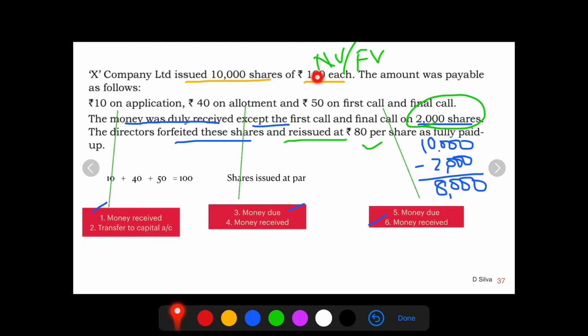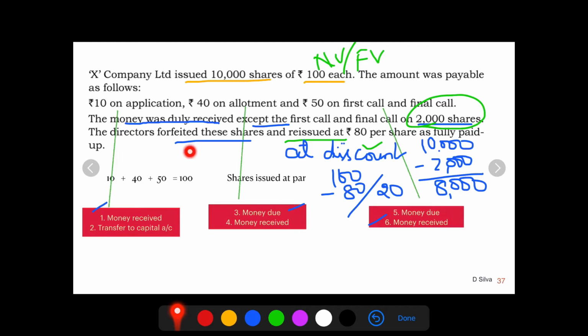But what exactly is the face value or the nominal value? It is 100 rupees. If they are reissuing at 80 rupees, this means that the share is being reissued at a discount. So what is the discount amount? 100 minus 80, 20 rupees is what is being discounted. So let's not worry about the discounted part of it.